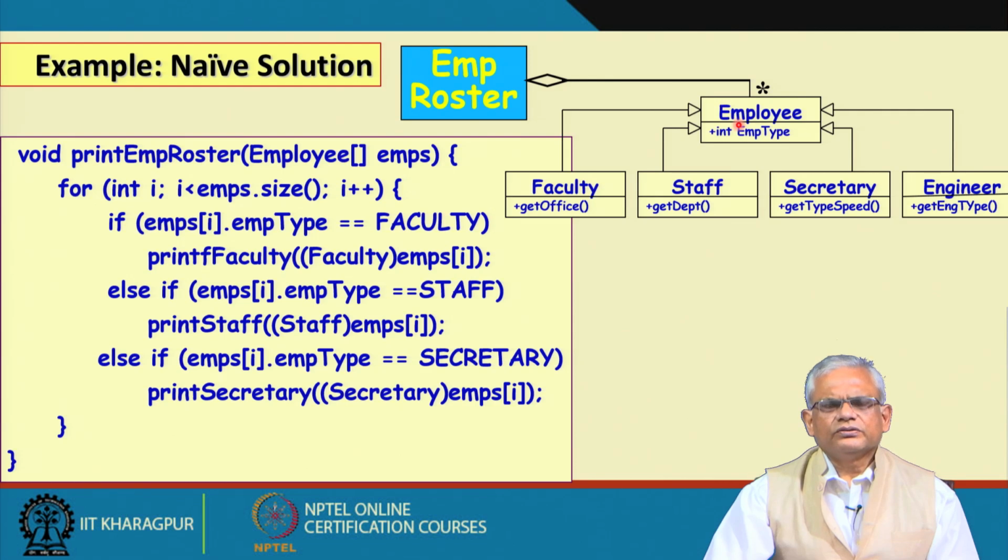We can make it OCP compliant. There are various reasons why the employee may change. The employee class may change because there are performance issues, or there are bugs in the employee, or there may be new employees added here, and so on.